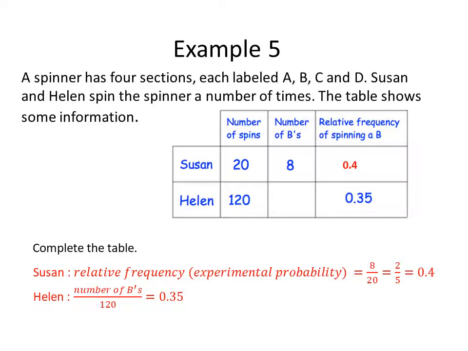So substituting in the formula, the number of B's out of 120 will be equal to 0.35. Now, to find the number of B's, we do the inverse operation, multiplying 0.35 by 120, which is 42. So Helen gets B 42 times.